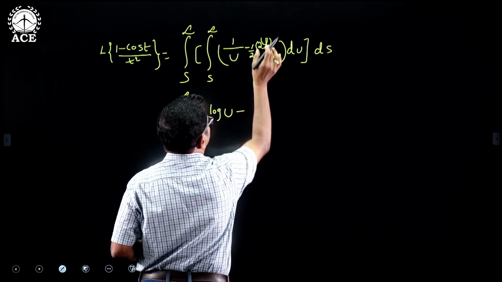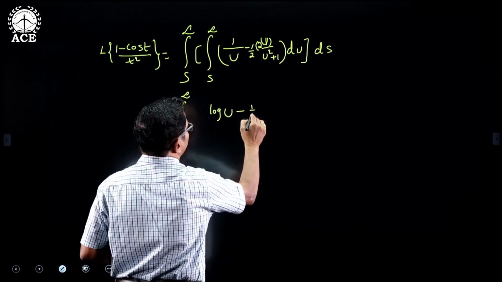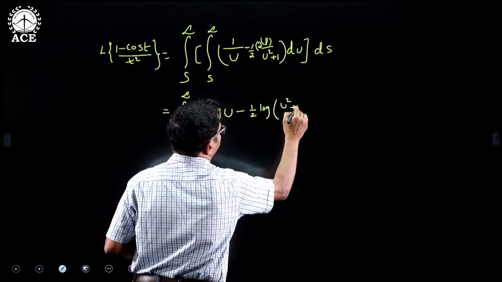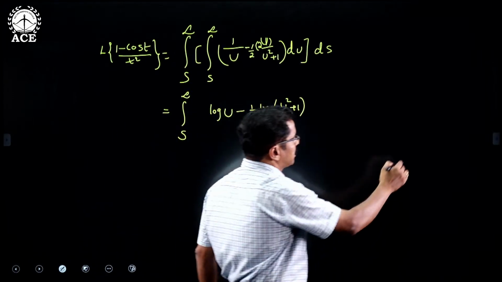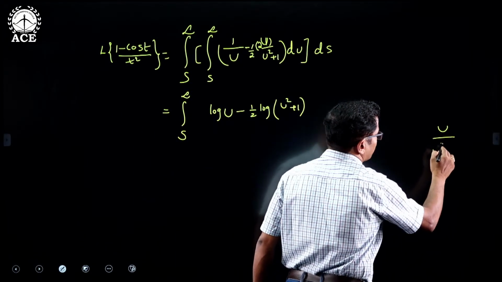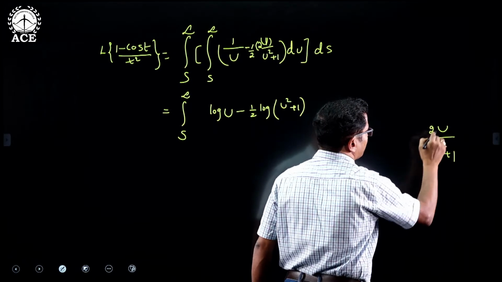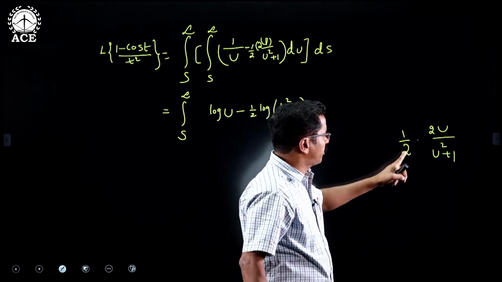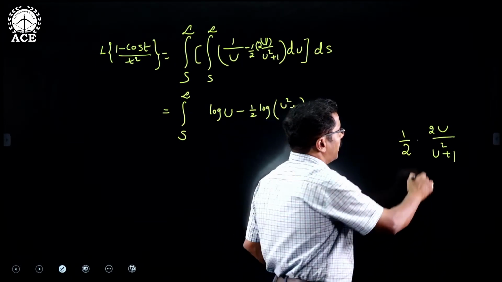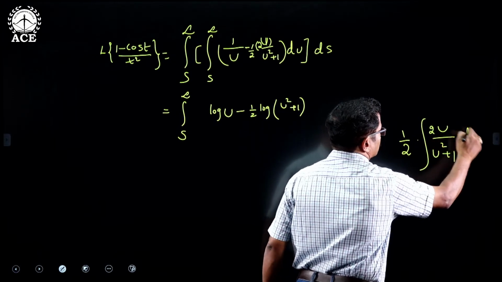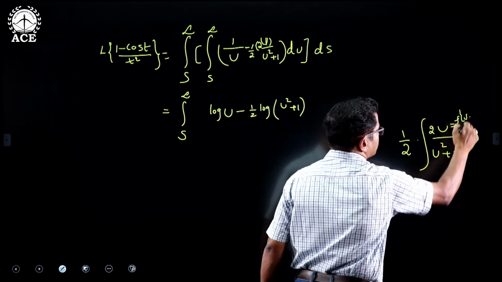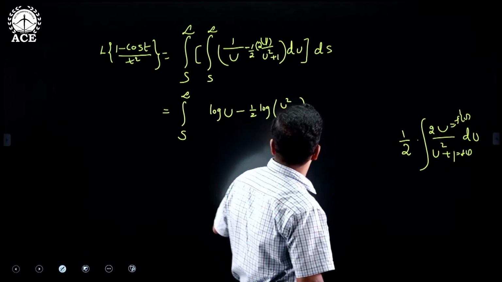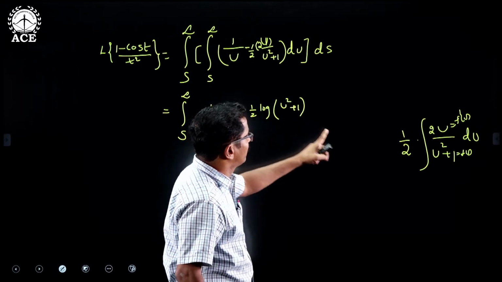So the differentiation of the denominator appears, and it is going to be 1 by 2 log of (u square plus 1). I am just multiplying by 2 into 1 by 2 to rationalize, and you apply integration for this. So this is f dash of u and this is f of u. So the integration of f dash of u by f of u is log u, no? So that is log of (u square plus 1) followed by 1 by 2.